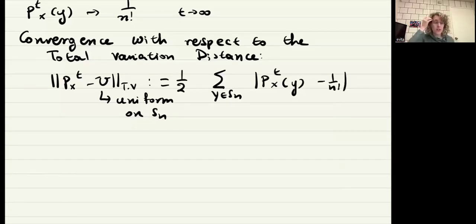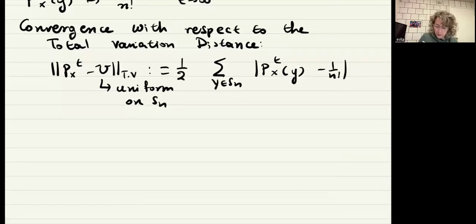So this is the traditional norm that we like to play with. And even though for these two models it really doesn't matter where you start from, things are pretty symmetric in the symmetric group and in the way that we define the card shuffles.